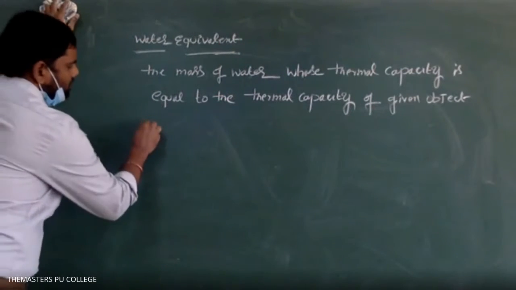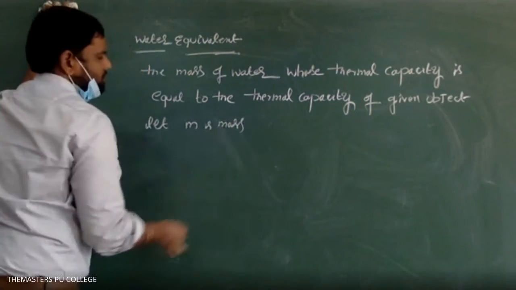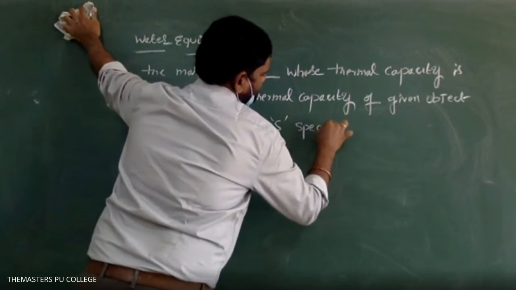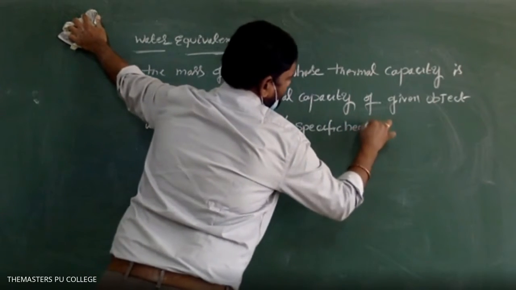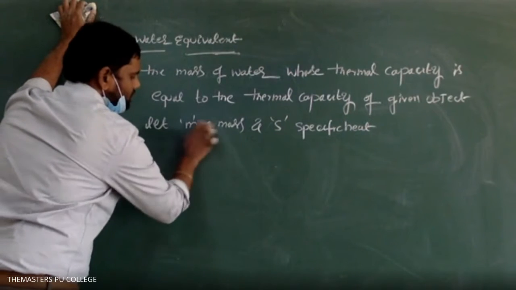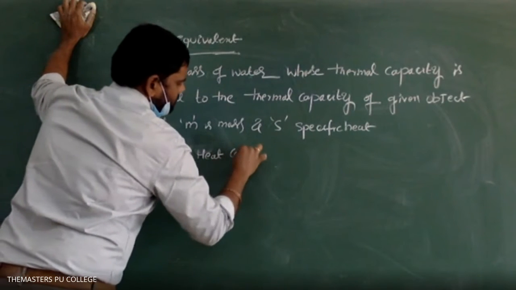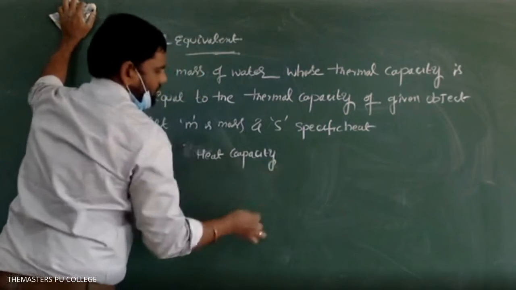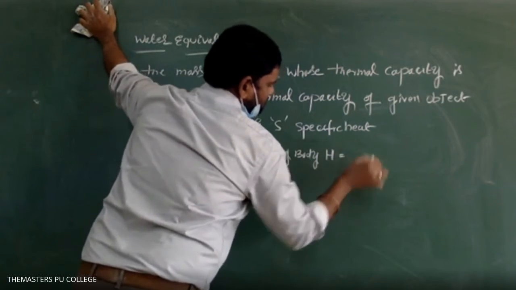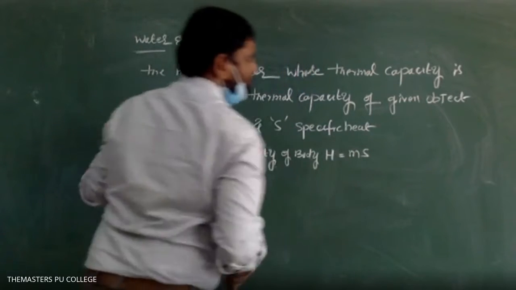For example, let m be the mass and s the specific heat. Then what is the thermal capacity of an object? Thermal or heat capacity, both are the same. So heat capacity of the body, H, in terms of mass and specific heat, is the product of m and s.